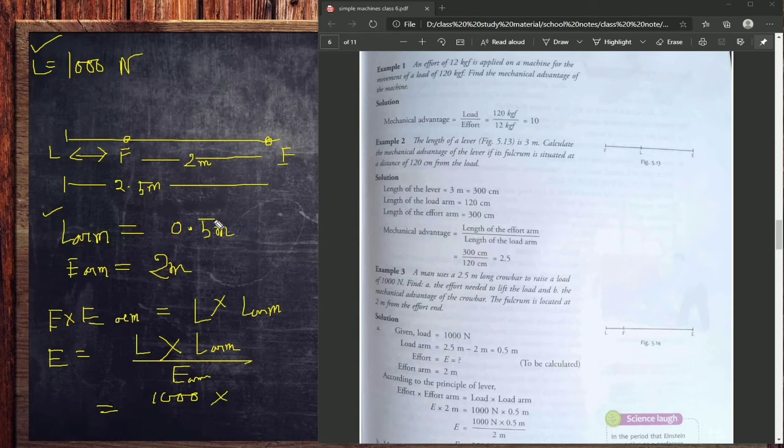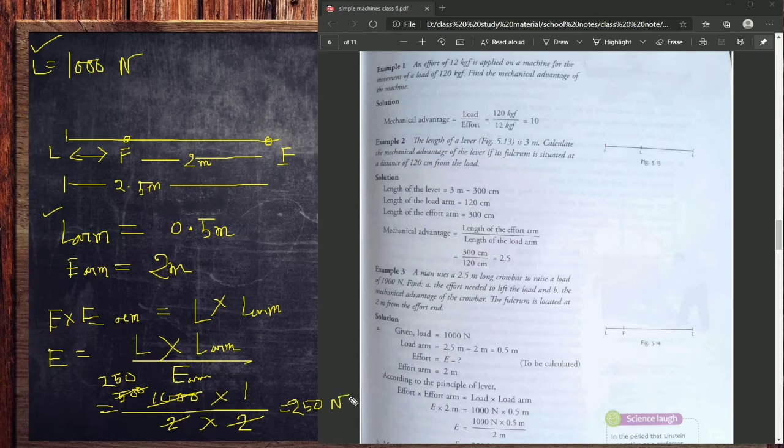Load arm is given as 0.5, that is nothing but 1 by 2. Also effort arm value is 2. So if you cut it with 2, it will be 500. Again you can cut it with this 2, it will be 250. So the effort value will be 250 Newton.